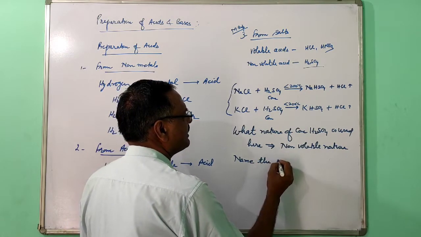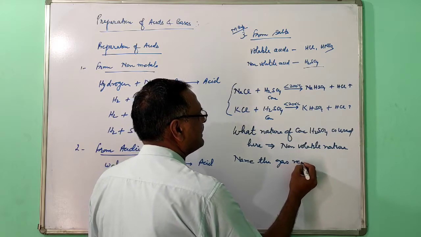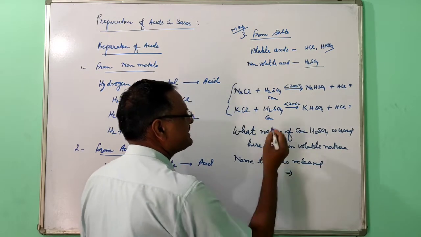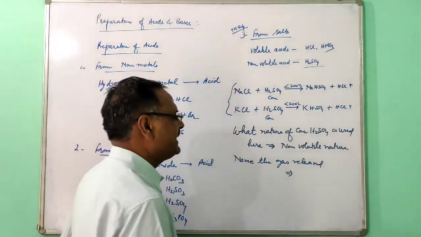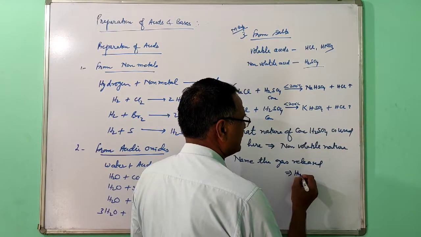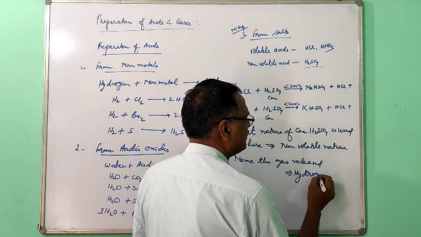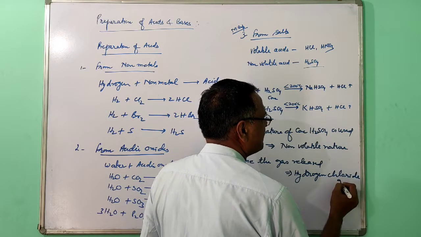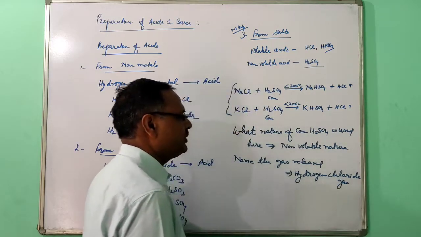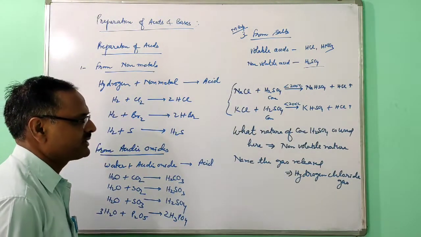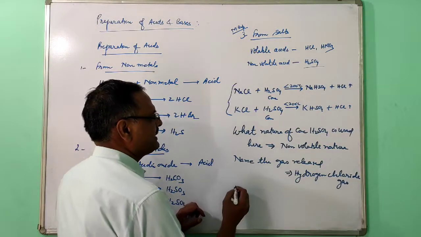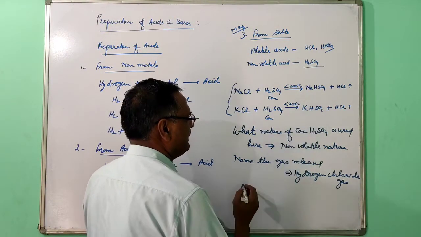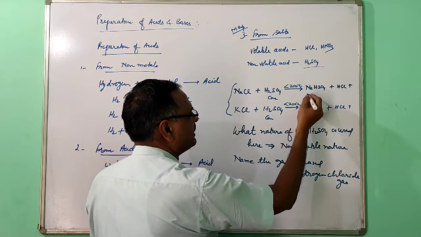Which gas is released here? Hydrogen chloride gas. Correct answer, hydrogen chloride gas. If you write hydrochloric acid, they will not give you the mark. Then, what type of salt is formed? Acid salt.